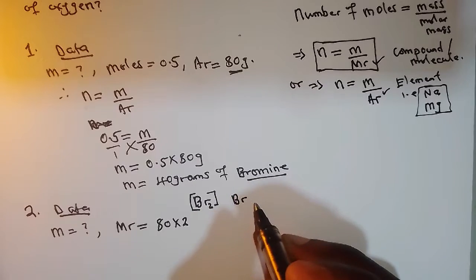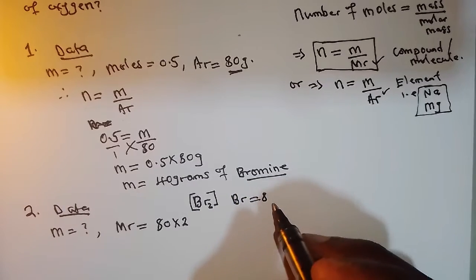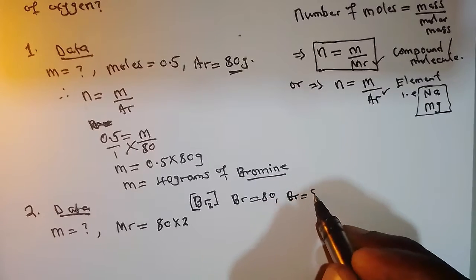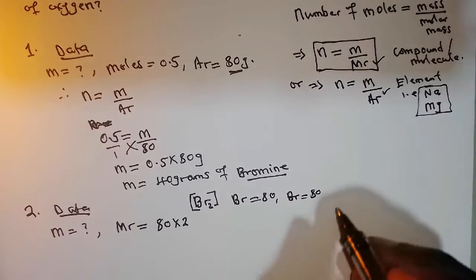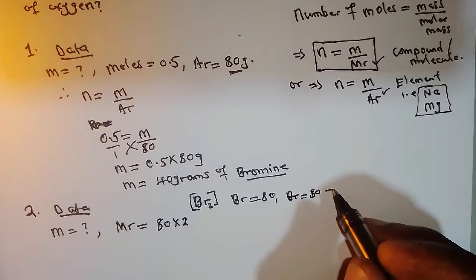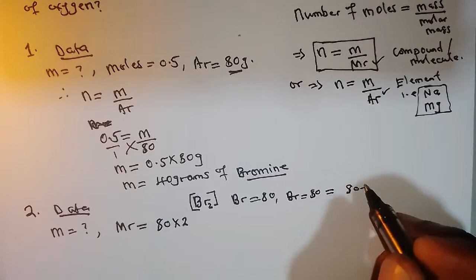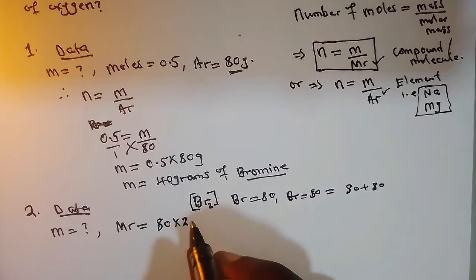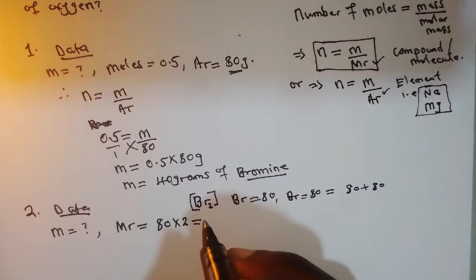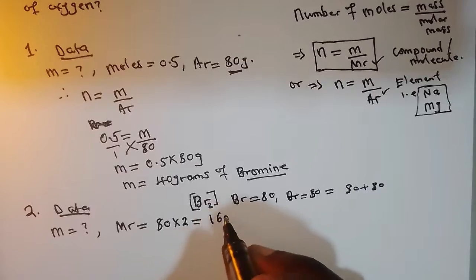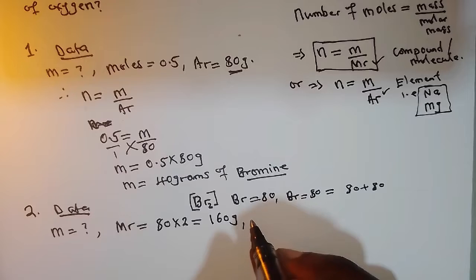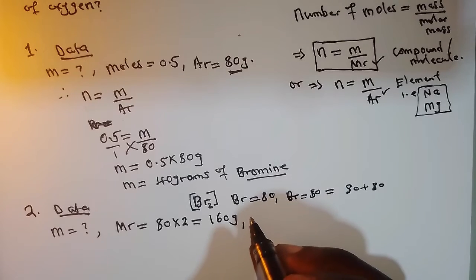It's like bromine 80, and then another bromine 80. Therefore, you have 80 plus 80. That is where we are getting this. So this will be just 160 grams. That is the Mr.